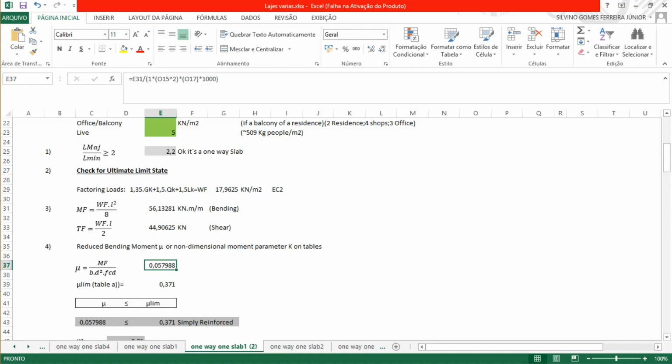With this we're gonna check this K, or this reduced bending moment, in tables, and there is a limit already calculated for this.